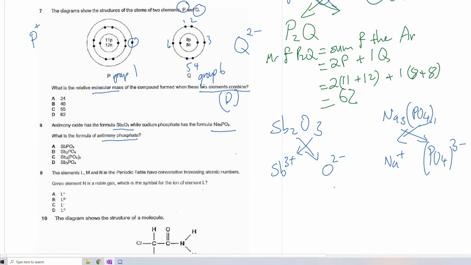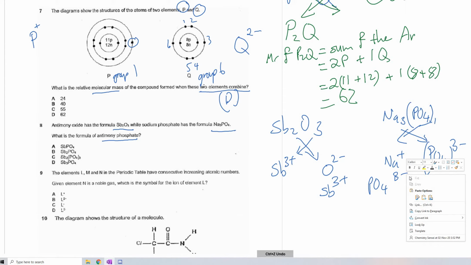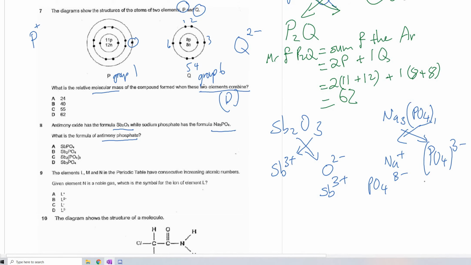Next, what is the formula for antimony phosphate? So we have Sb 3 plus and PO4 3 minus. When we do the crisscross method, we will get Sb3PO43, and we can simplify this to SbPO4.